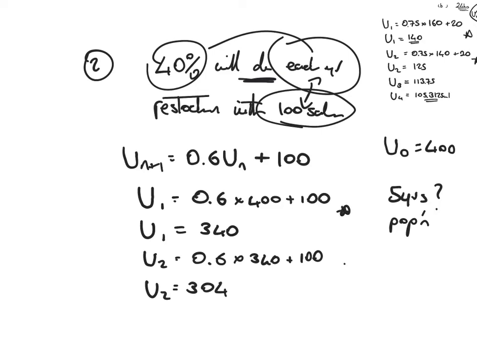Okay, entering the working in twice will now let the calculator know that's a recurrent solution. So hit equals again, and the calculator will then do the 0.6 times 304 plus 100 to get a result of 282.4.